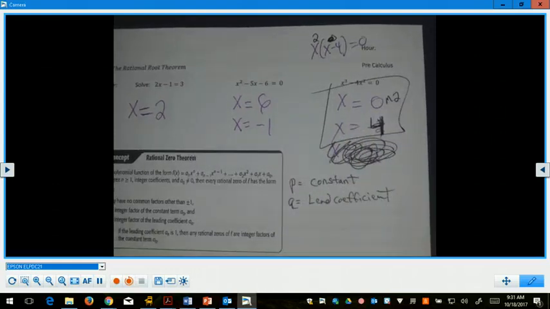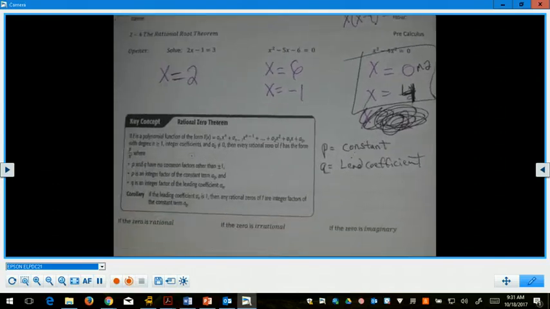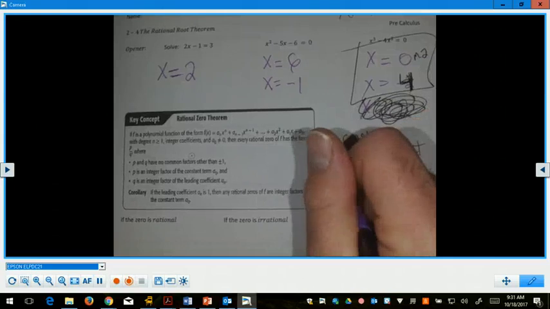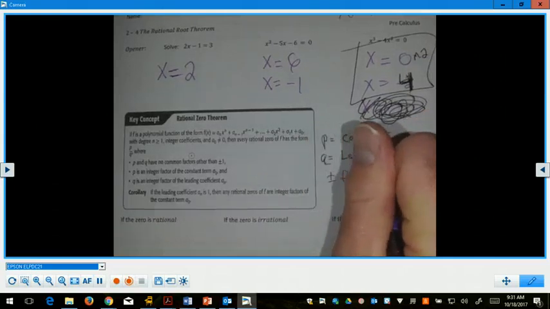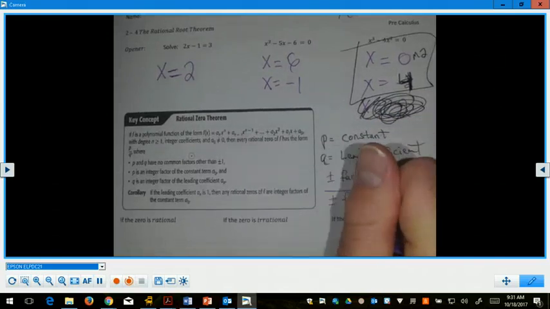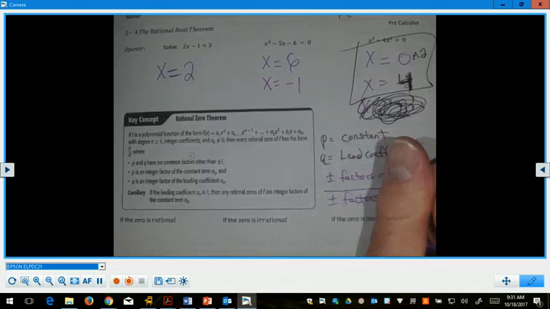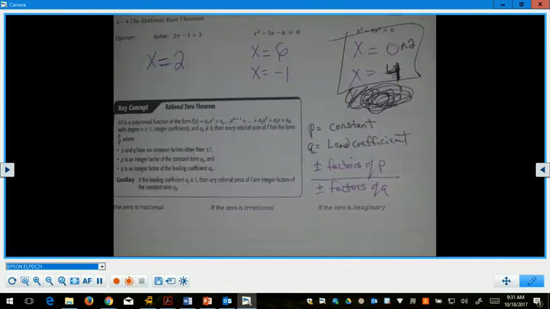The rational root theorem, which we're going to talk about and use on the other side, allows us to generate a list of plus or minus factors of p divided by plus or minus factors of q. And that list would give us all of the possible rational zeros.